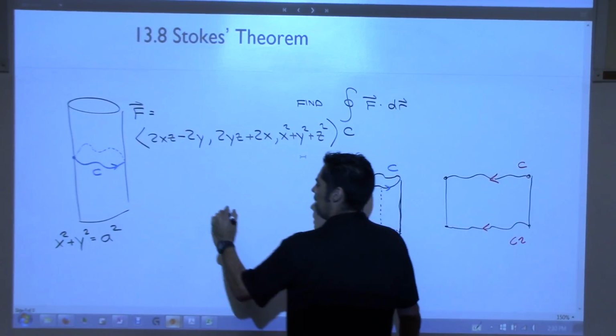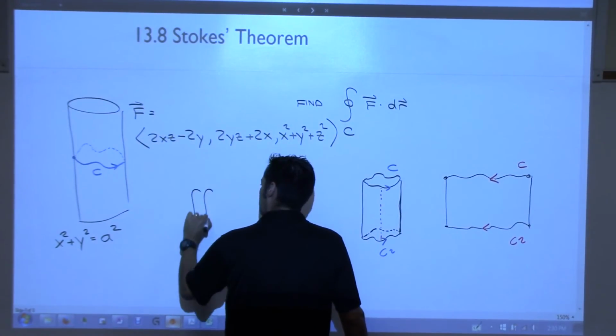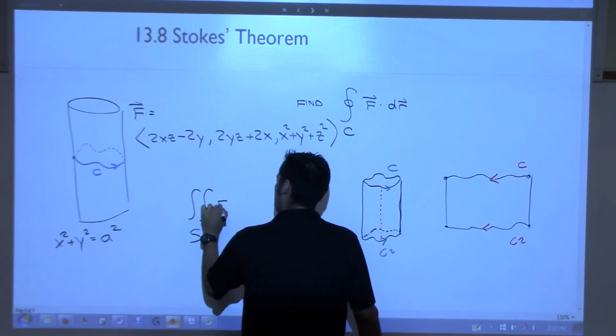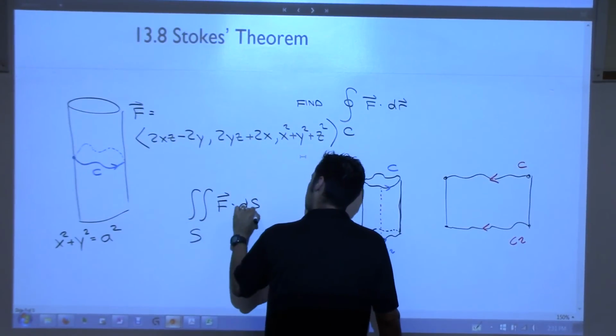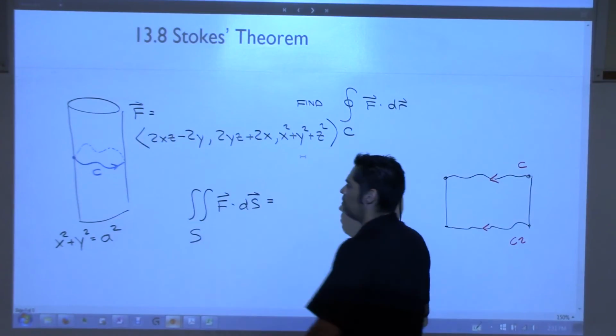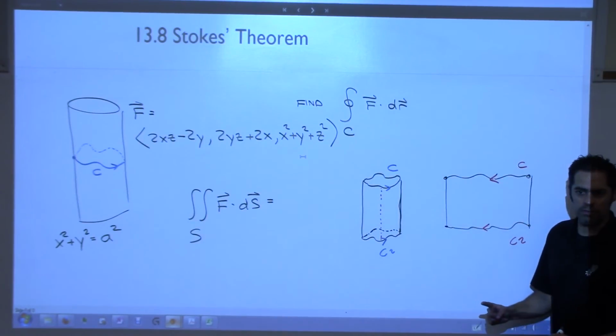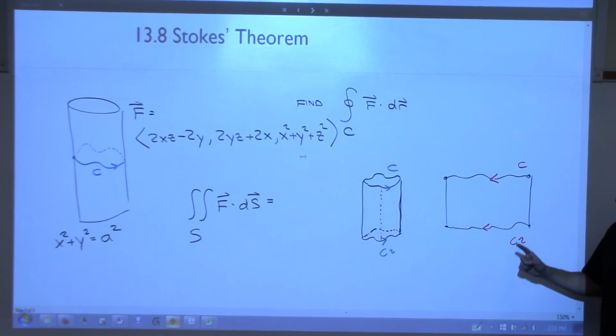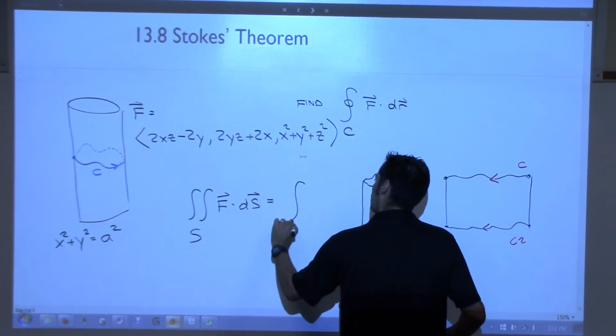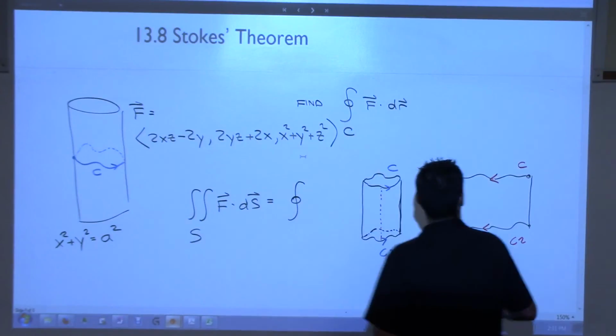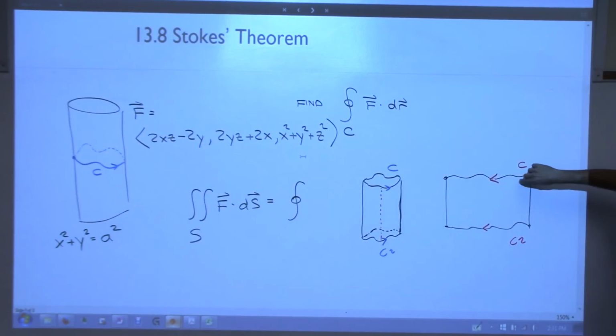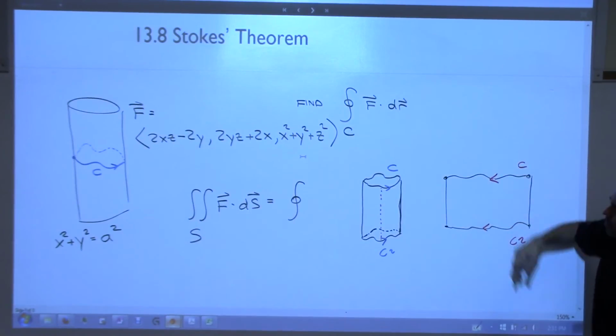Do you agree, according to Stokes' theorem, that the double integral over S of f dot dS should be equal to the two line integrals. One that would be the line integral, let's say C was okay, right? Orientation, right? Because the surface is to my left.